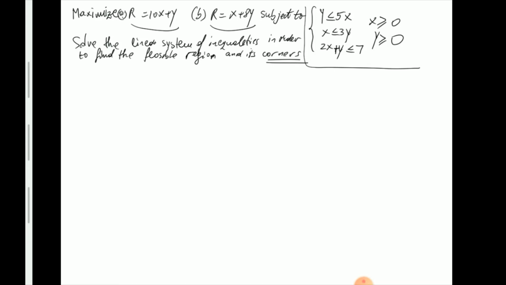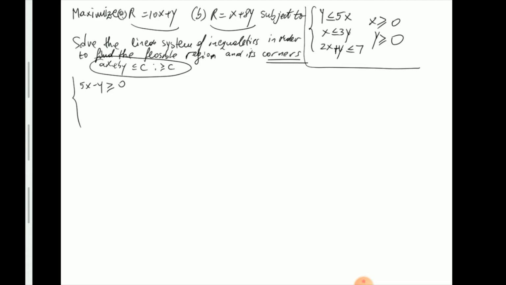So we may want to write these inequalities in some sort of standard fashion, like in the form of ax plus by less than or equal to c or greater than or equal to c. That's not strictly necessary, but it keeps things consistent with many other problems. So let's move the terms to the right. We have 5x minus y greater than or equal to 0.